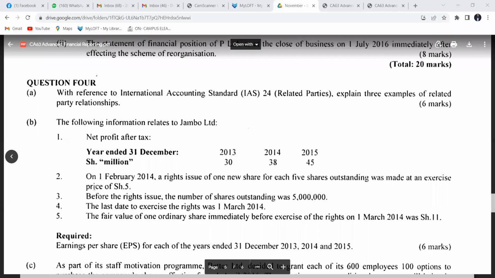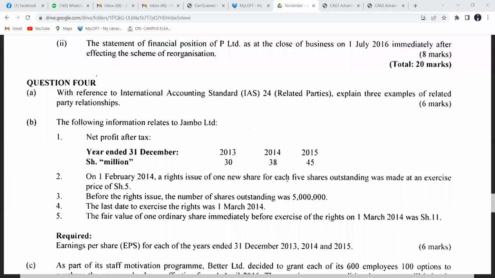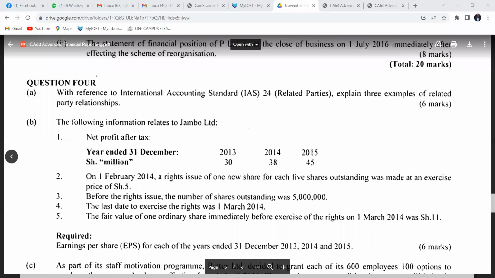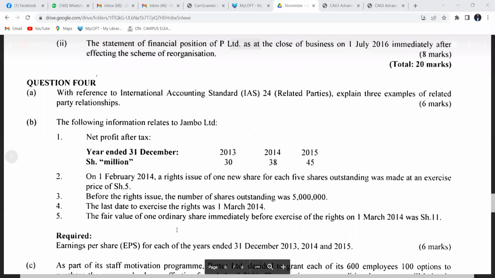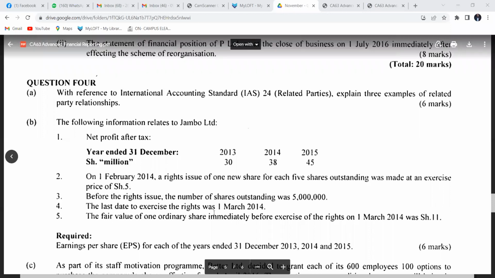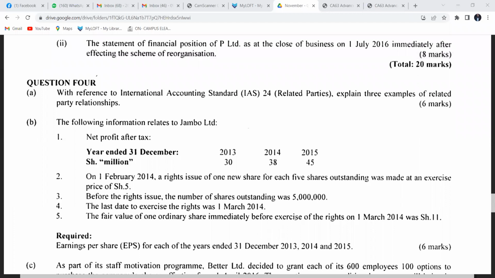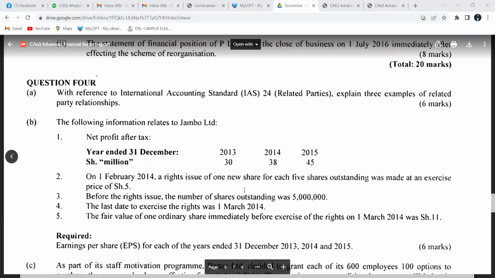The one new was being given at shillings 5, as per note 2: a right issue of 1 new share for each 5 shares outstanding was made at an exercise price of 5. But remember our fair value, the market price, as per note 5. It was 11. They said the fair value of one ordinary share before exercise of the rights on 1st March 2014 was 11.